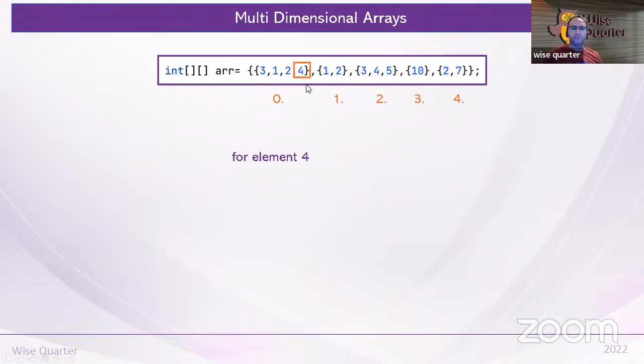Yes, to reach 4, it's not very hard. We can do it. We will start from the outer arrays. It is from 0, right? Array 0. The second number will be 0, 1, 2, 3. Okay, 2.